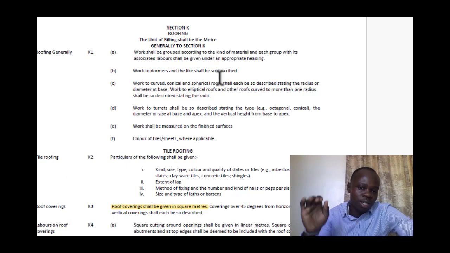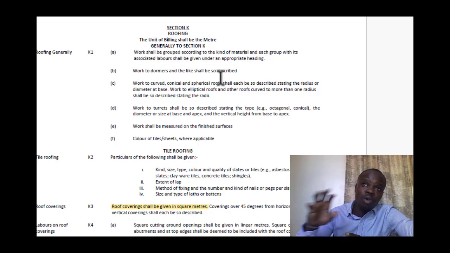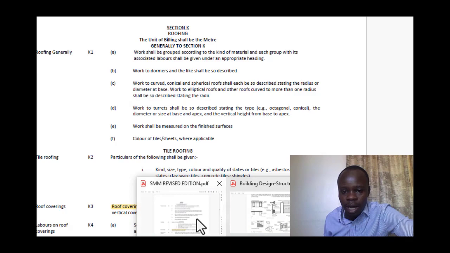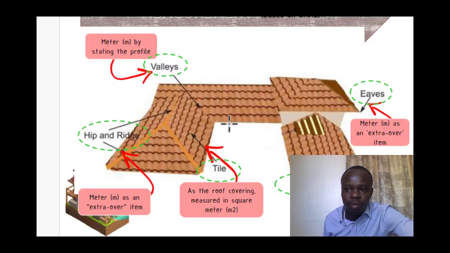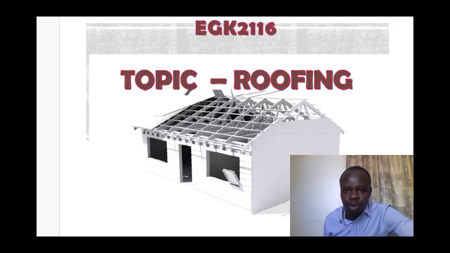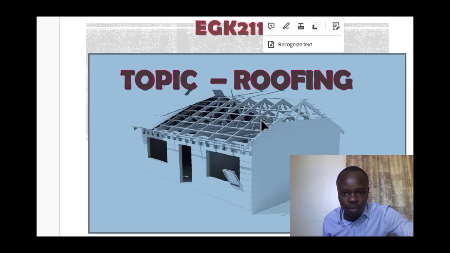Generally, as you can see from the top, before you go to the top roof, I always like teaching based on the sequence in which the works are done. So let's just get back here, and you notice that we have that skeleton of a roof.